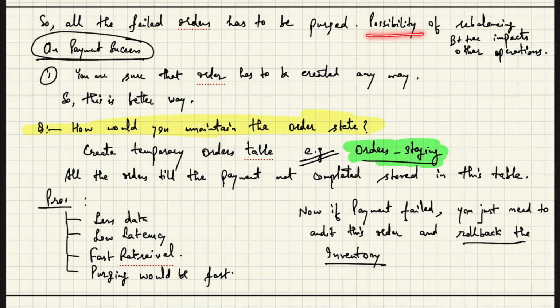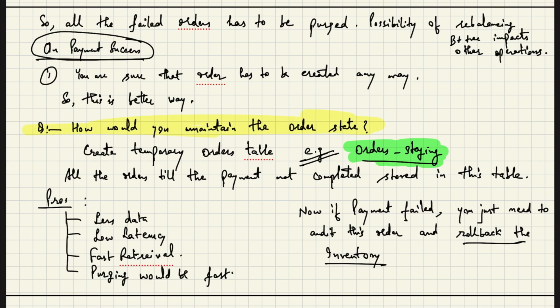Now there is a possibility of rebalancing the B plus tree, because there are so many failed orders. If you hard delete those orders, it would impact the other rows as well. The performance would be degraded.